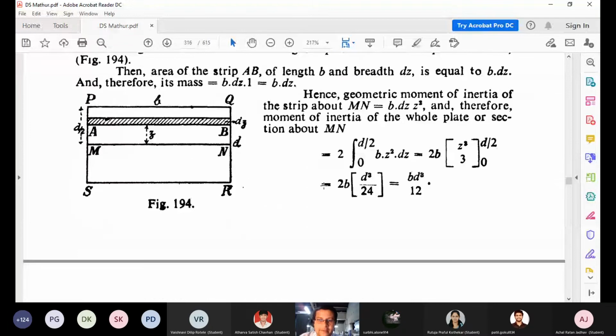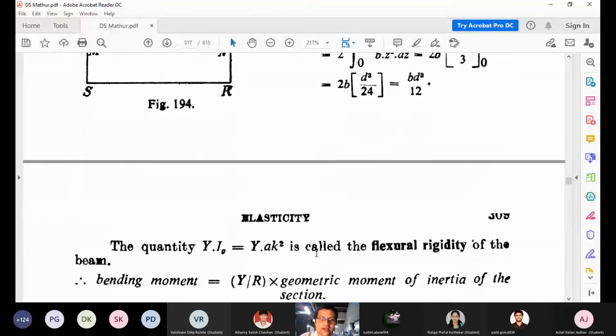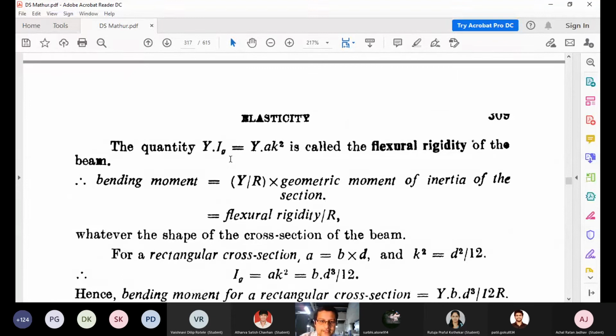The term is always geometric moment of inertia. Since it is a rectangular strip, that's why it is geometric. If it is circular, it is a circular cross-section moment of inertia, depending on the shape. So Y Ig, equal to Y Ak square, is called the flexural rigidity of the beam.